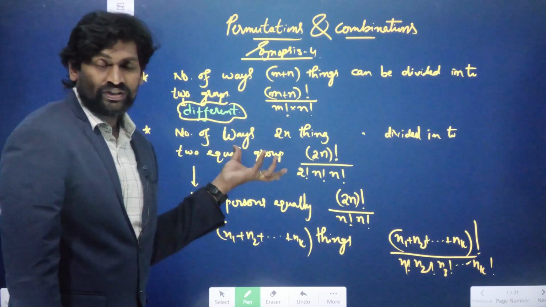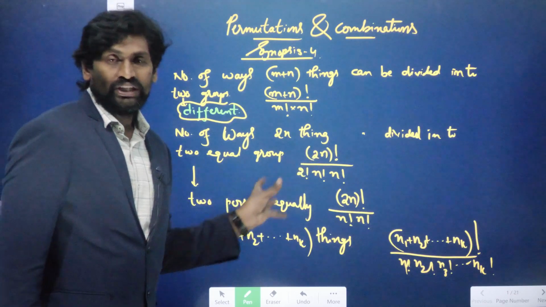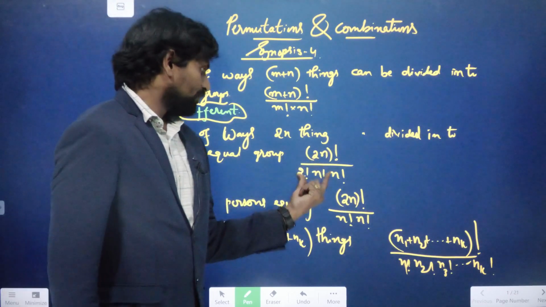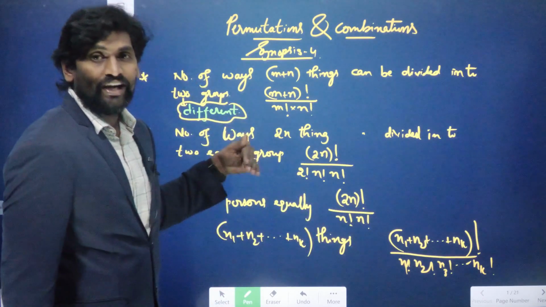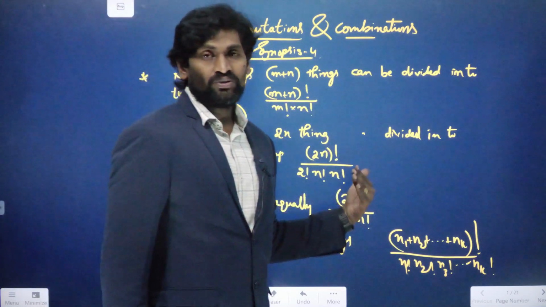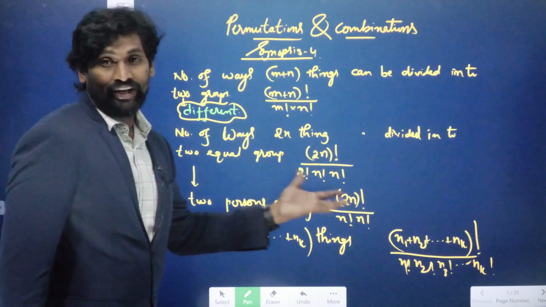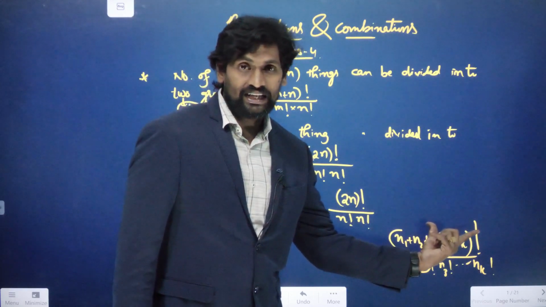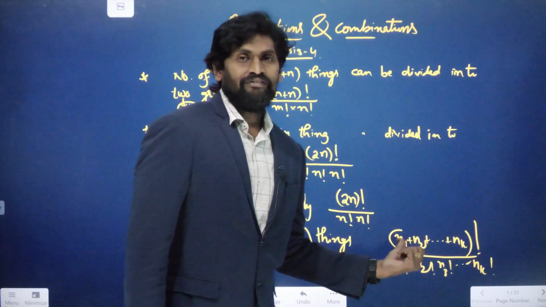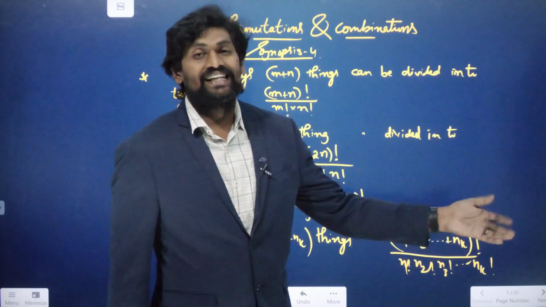But if the same question asks for two different persons, the format is 2n factorial by n factorial into n factorial. Same way, if things are divided into k different groups n1 plus n2 and so on plus nk, the whole factorial by n1 factorial into n2 factorial and so on nk factorial.